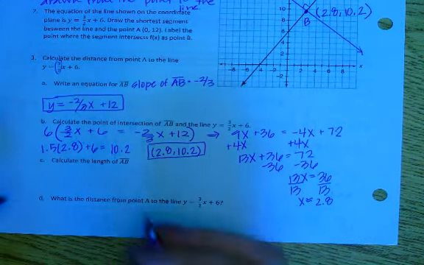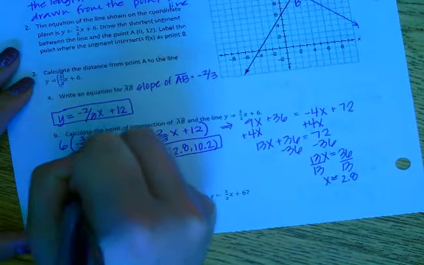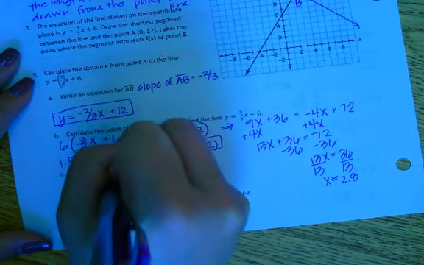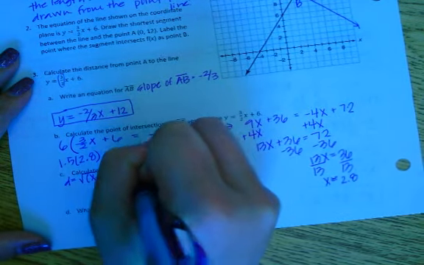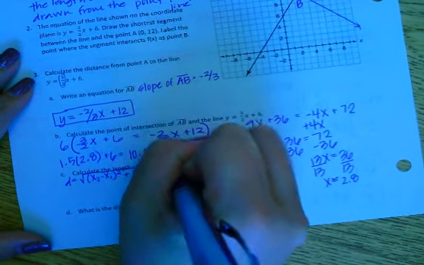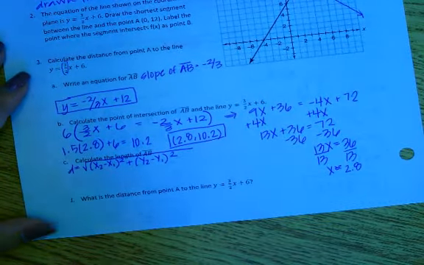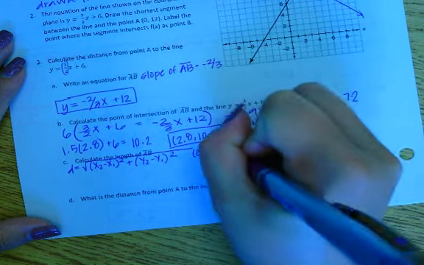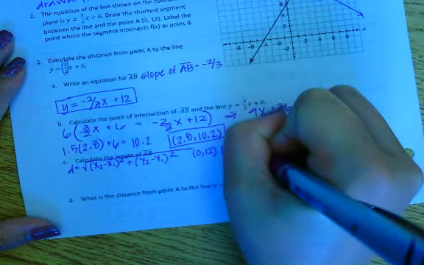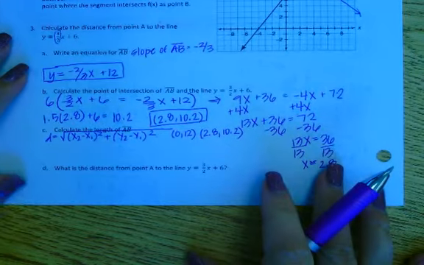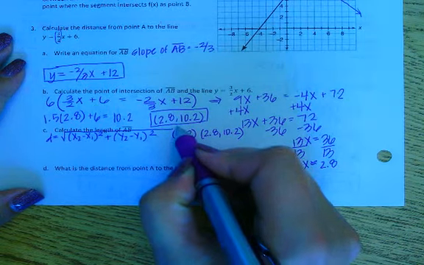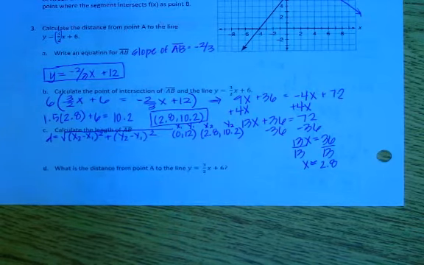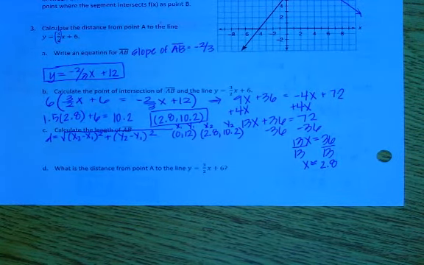The distance formula. Okay, so your distance formula, hopefully we're memorizing it by now: x2 minus x1 squared plus y2 minus y1 squared, all under a radical. Okay, and I'm using the points 0, 12 and 2.8, 10.2. I'm going to label them x1, y1, x2, y2. Take a minute and solve for the distance. So substitute into your equation.